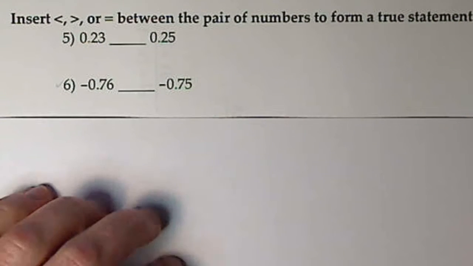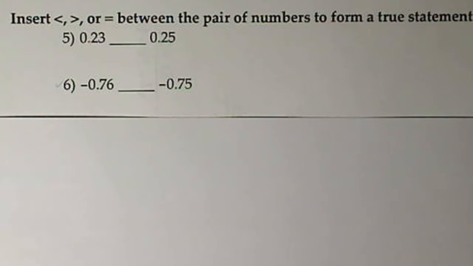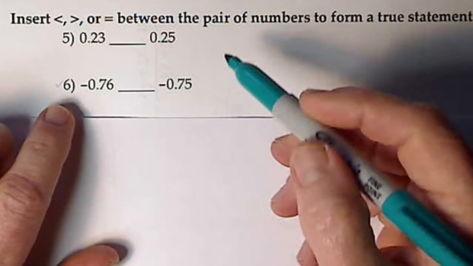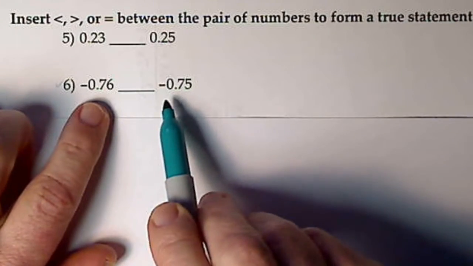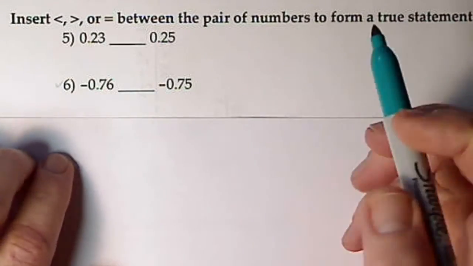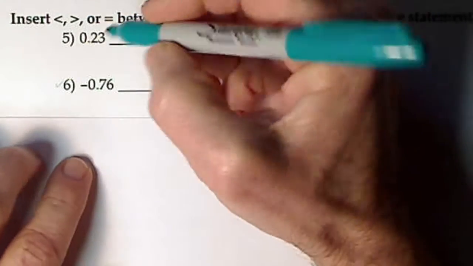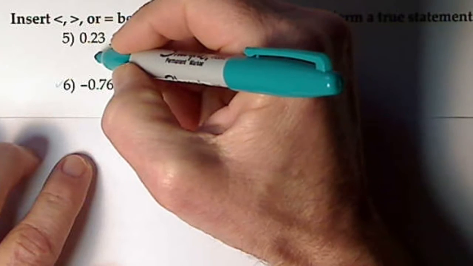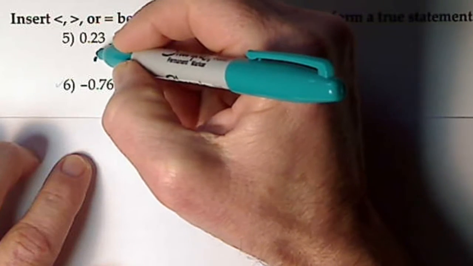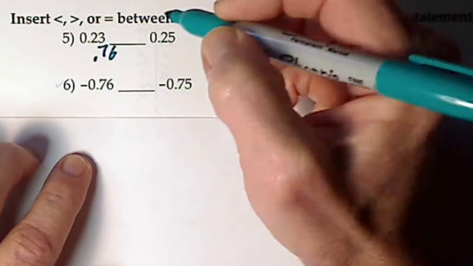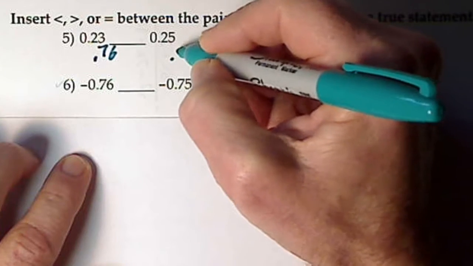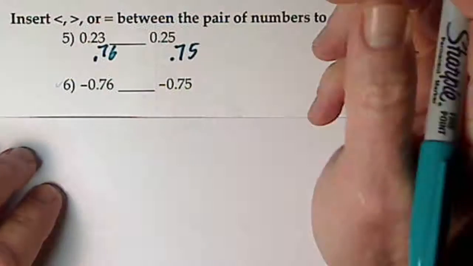Okay, they want us to insert an inequality sign between the two numbers. And looking at number 6, in order to indicate how this will work with negative values, perhaps I'll do it first with positive values, because that's easier to understand. So I'm going to write 76 hundredths and 75 hundredths.